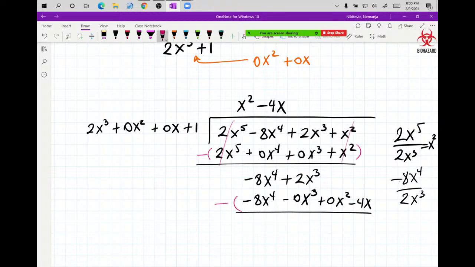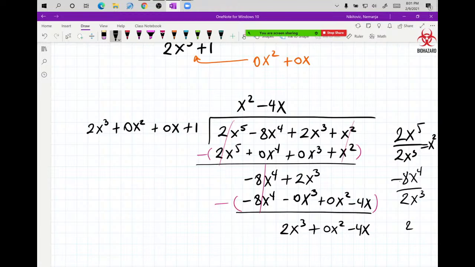So we subtract, the first term will again drop. So now I have 2x cubed, because that's a 0, that's not going to do anything. We still have plus 0x squared over here and minus 4x.